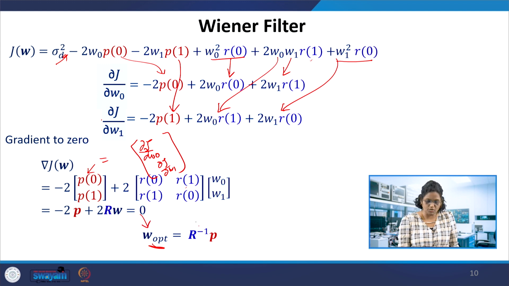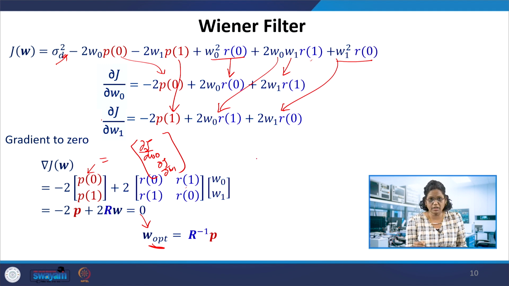This is the optimum solution of the Wiener filter. If we know the autocorrelation matrix of the input signal, and the cross correlation of the desired signal and the input signal, then taking the inverse of the autocorrelation matrix times the cross correlation vector gives the optimum weight which gives the minimum error.